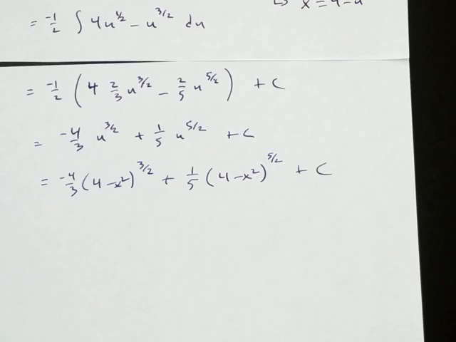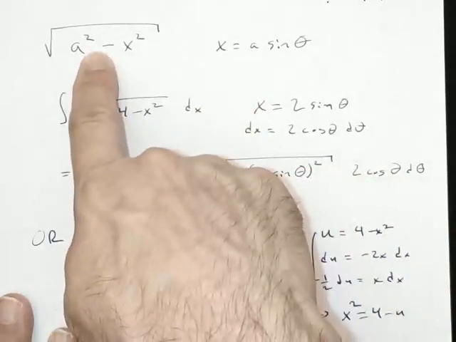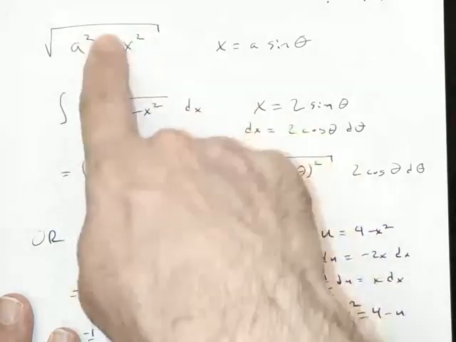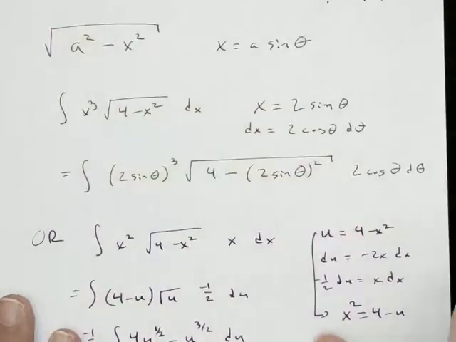All of this behavior hinges on the fact that I can simplify my square root using that trig identity. And the identity I was using up here was the fact that this would then turn into a cosine. When all of it was done, I'd have a square root with an a squared and a cosine squared, and that would be simplified.